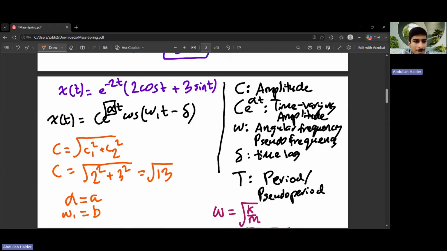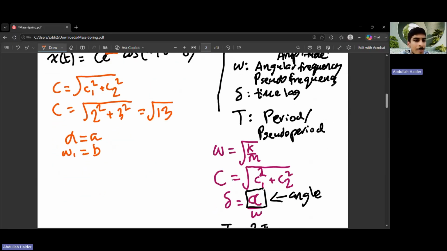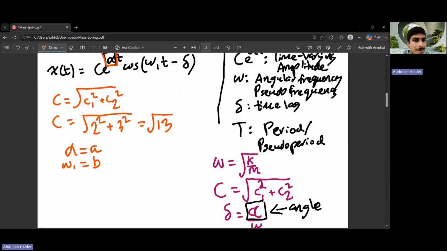So for the sake of this question only, because I don't know why the question was designed that this will be alpha, this alpha is clashing with the alpha of the angle over here. But for this question only, just know that this alpha is the same as A, the real part, and the omega will stay the same for all questions. But this alpha is the only problem. I would say that would confuse many people.